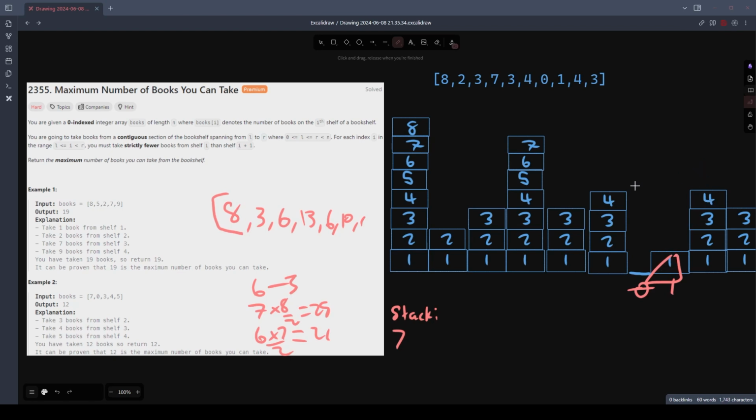Triangle here plus 4 is 5. And 3, looking back, this 8 is invalid, doesn't fit within this triangle. So we'll have to calculate this triangle minus this triangle, which gives us this section here.